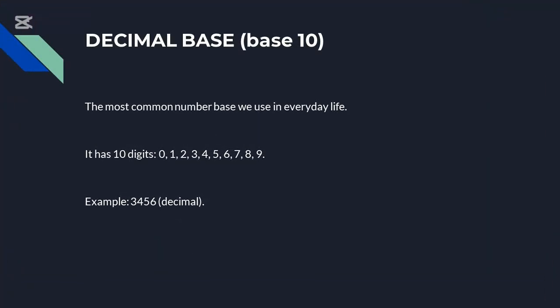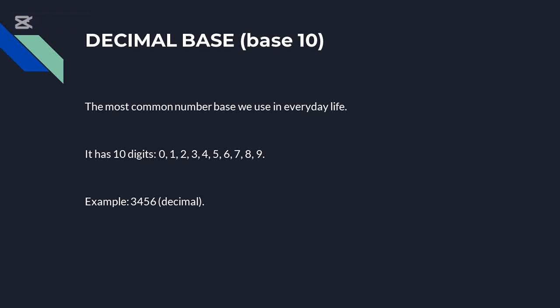What's a decimal base? Commonly known as base 10. It is the most common number base we use in everyday life. It has 10 digits. How do you calculate the maximum digit it can hold? You get the base number minus 1 to give you 9. So the maximum digit in base 10 is 9.